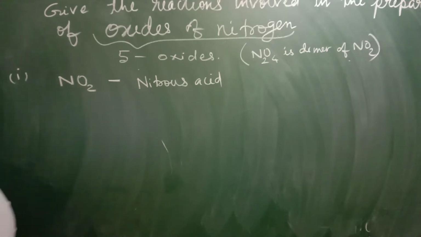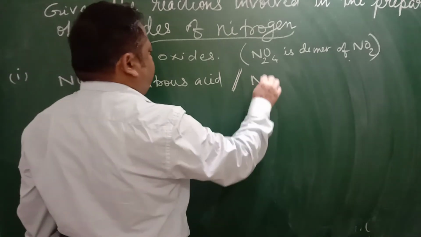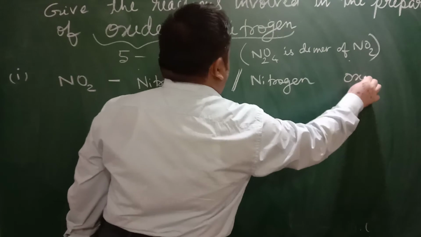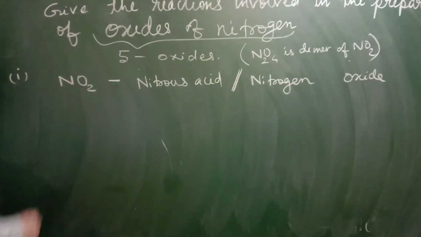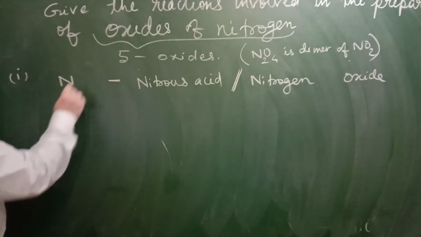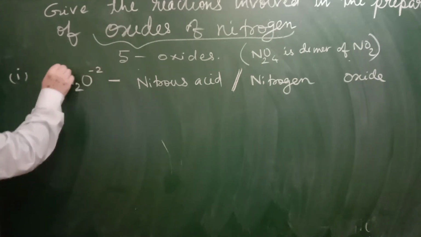Next, we can also name it as nitrogen oxide, and we can write down the valency of this. So this will be N2O. Let us take N2O at first. Oxygen is -2. Let nitrogen be x.